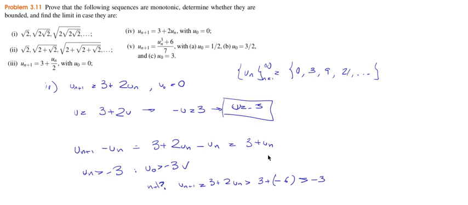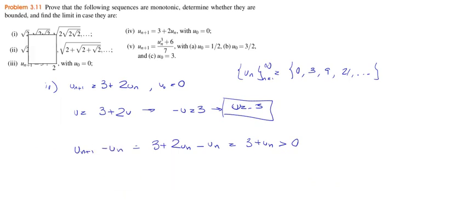So we have proven the result. This is greater than minus 3, so 3 plus u sub n is going to be greater than 0. I hope it wasn't very confusing. So the sequence is increasing.